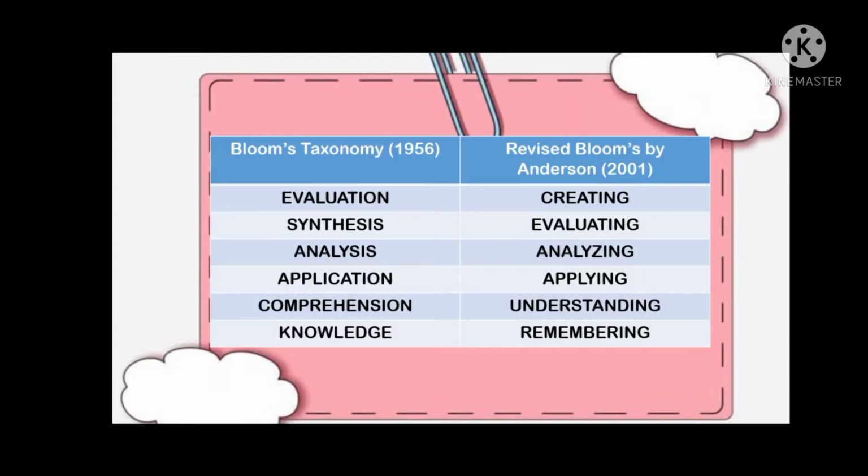As you can see in the table, Bloom's taxonomy in 1956 and the revised Bloom's by Anderson in 2001. So from knowledge, it changed into remembering. And from comprehension to understanding, application to applying, analysis to analyzing, synthesis to evaluating, and last, evaluation to creating.